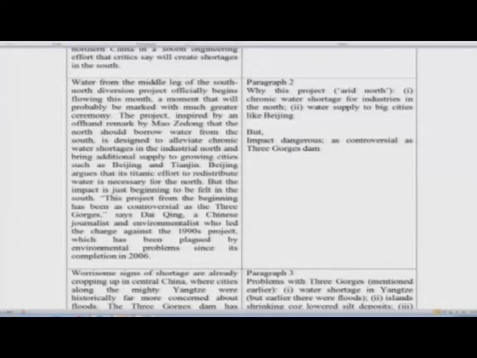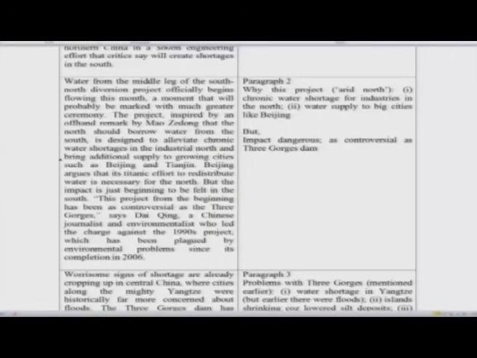So, the author is clearly indicating that this north-south diversion project has government approval, and the government is very particular about publicizing it, in contrast to what happened in the south. This project is mentioned in the very beginning of the first paragraph.